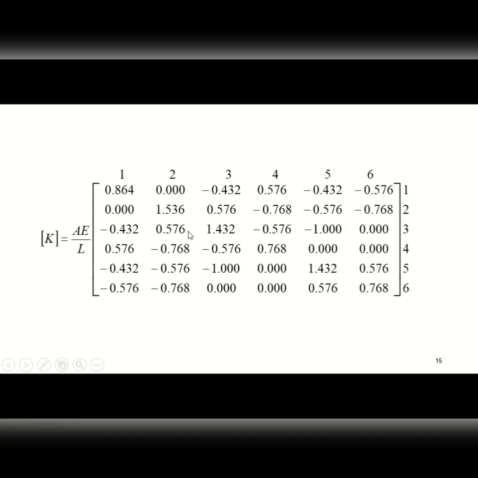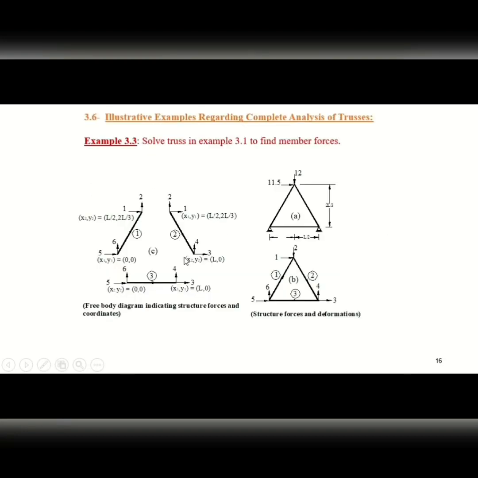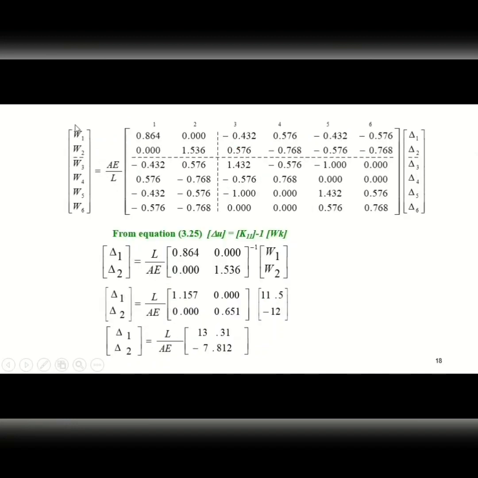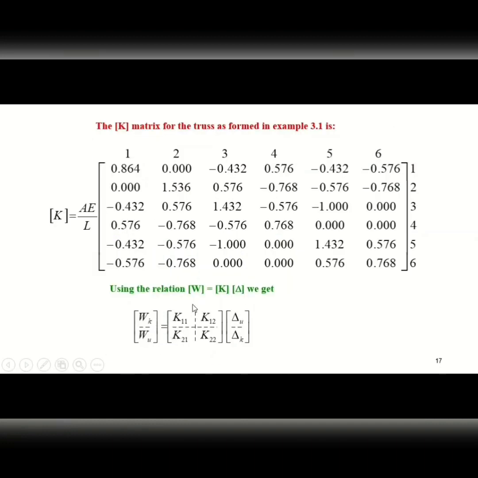After that you just need to put this equation. How can we put this equation accordingly? We know that these all are forces, which are denoted by W. These are forces, these are the K values, which is this, and this is delta.